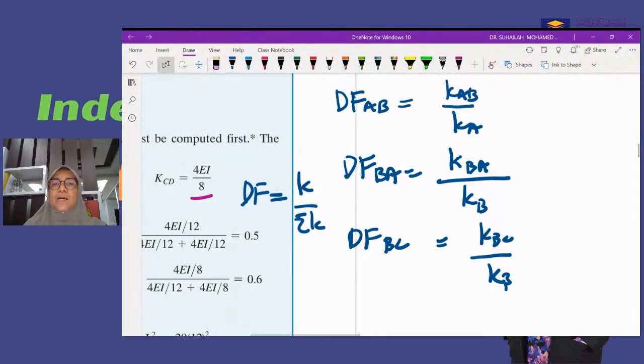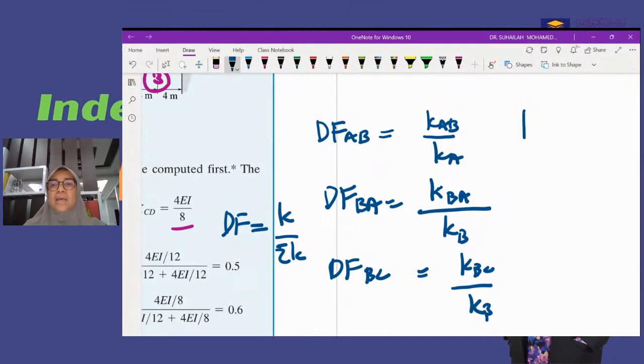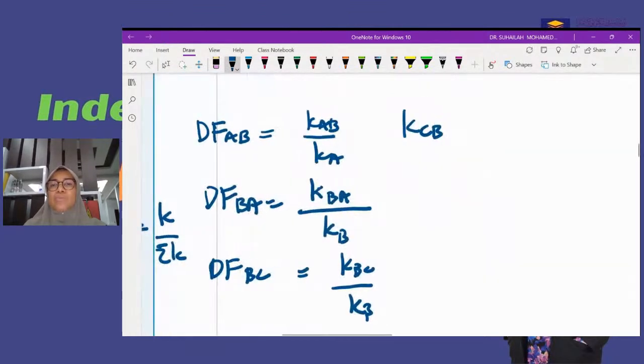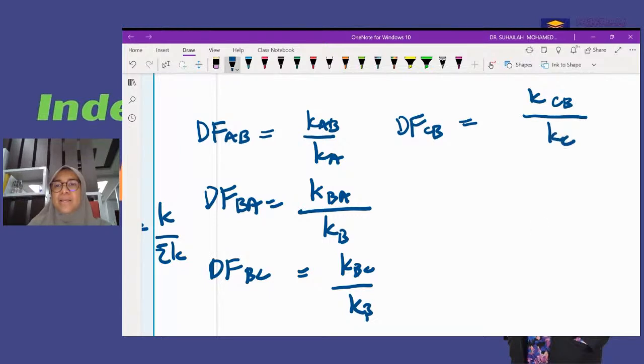If we want to calculate DFCB, it is KCB divided by KC. And DFCD is equal to KCD divided by KC.